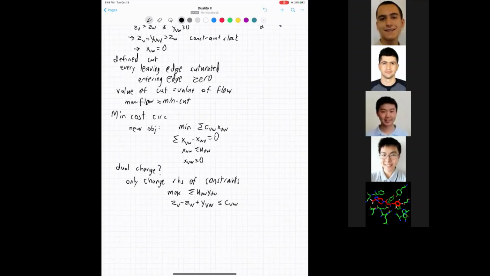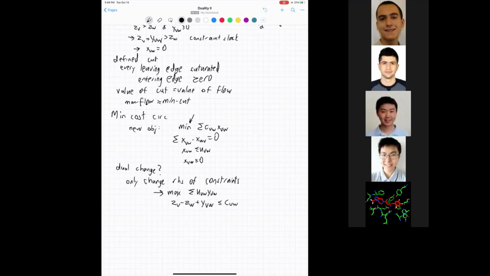Now there's one other thing that you have to notice. Another change that I made in the original linear program was that I made a minimization problem instead of a maximization problem. We were talking max flow before, now we're talking min cost flow. So that's why the dual became a maximization problem when it was previously a minimization problem.